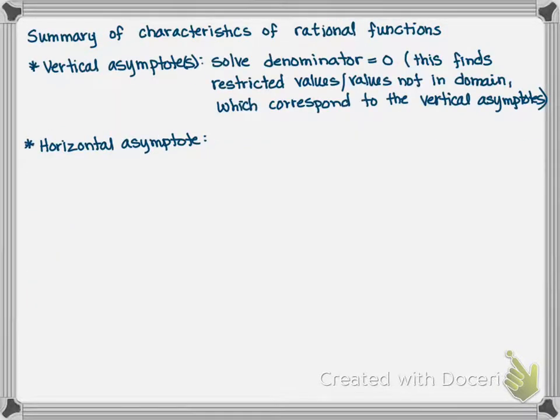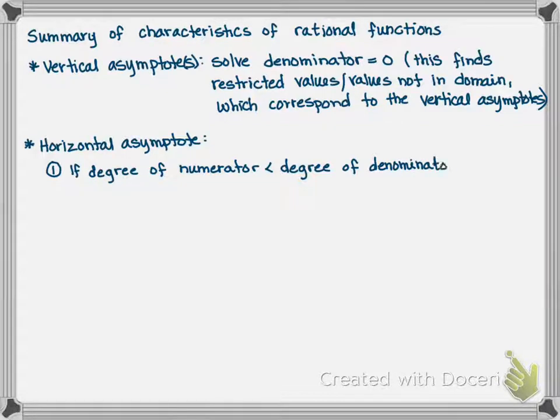So our first case here is if the degree of the numerator is less than the degree of the denominator, then our horizontal asymptote is y equals 0.